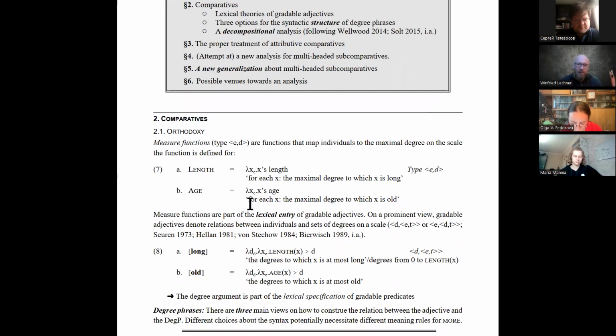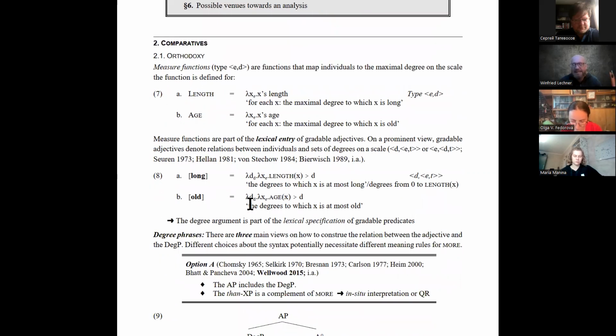Good. On an orthodox view, which is more or less the standard, I would say, the meanings of gradable constructions always include measure functions. Measure functions are functions that map individuals to a certain degree on a particular scale. For instance, the measure function length could be seen as a function that maps individuals to the maximal degree of their length. Usually, these measure functions are thought to be part of the lexical entry of gradable adjectives.